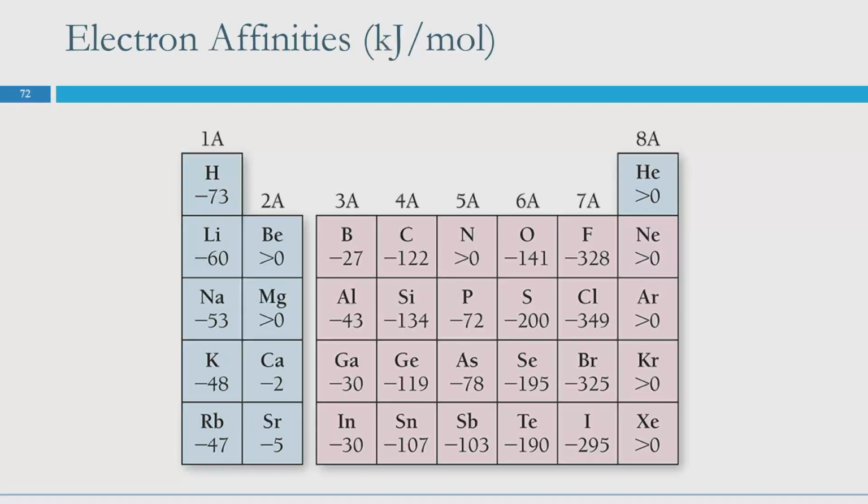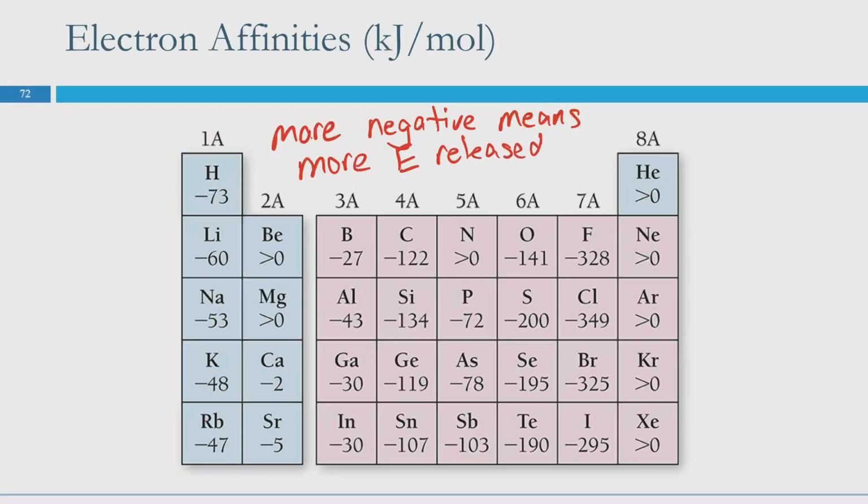More negative number means more energy released. It wants to gain the electron. It's willing to pay to have the electron absorbed. If it's a positive, so greater than 0, that means that you have to spend energy to add the electron.